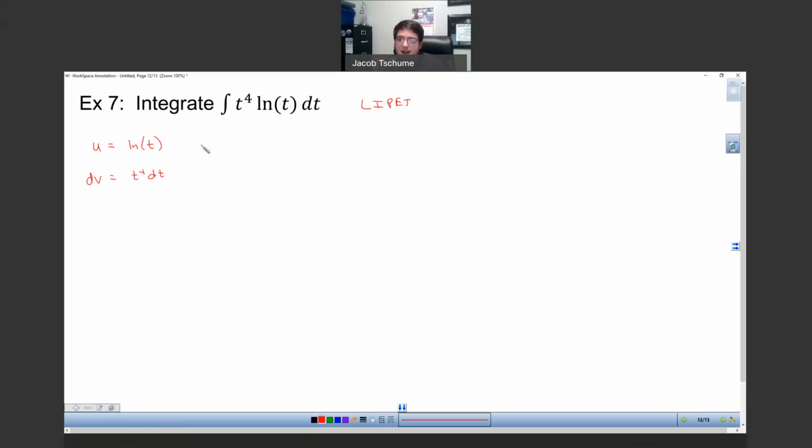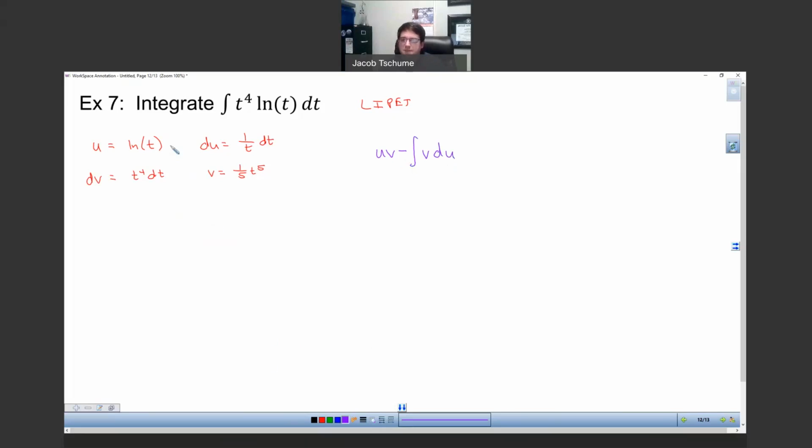I can find du, which is 1 over t dt. And then I can find v, which the antiderivative would be 1/5 t to the fifth. And since we're not doing tabular, we'll go back to the formula uv minus the integral of v du.